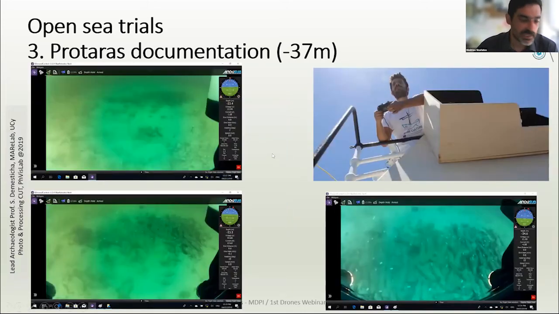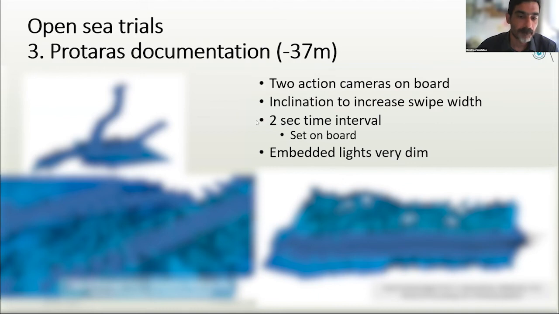And we were able to make a 3D model of the site, and you can see we used 2 action cameras underneath the ROV. They were positioned looking slightly outwards, as you can see here, so as to have a larger sweep width and cover more area in a single pass.